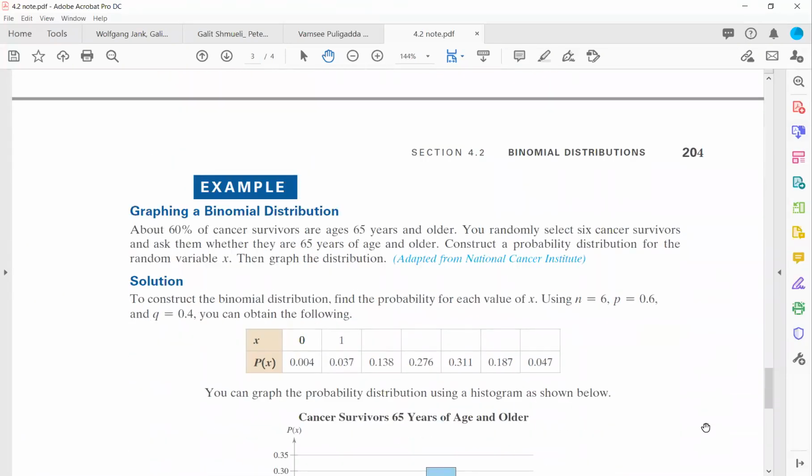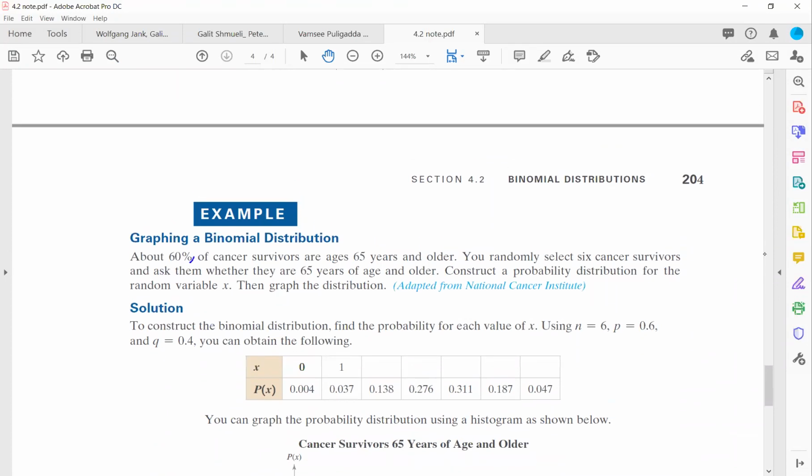Another example. In this example, about 60% of cancer survivors are ages 65 years old and older. You randomly select six cancer survivors and ask them whether they are 65 years of age or older. The question says, construct a probability distribution function for the random variable x, then graph the distribution.